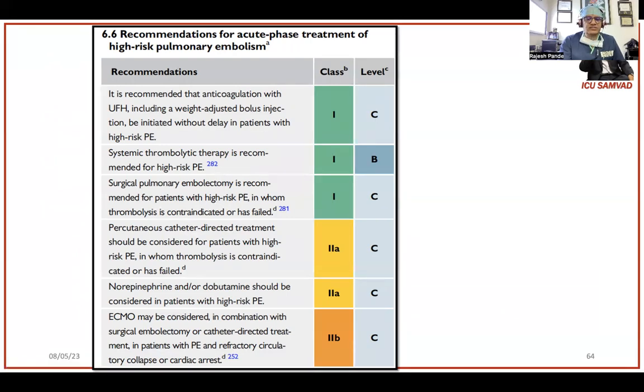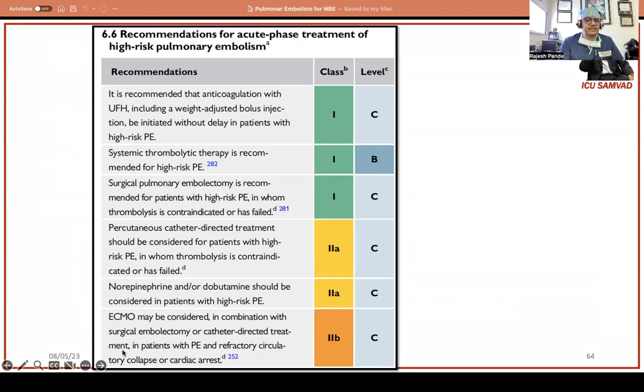ECMO may be considered in combination with surgical embolectomy or catheter-directed treatment. So that's what I meant when I said ECMO alone is not enough. You may have to combine this with surgical embolectomy or catheter-directed treatment.